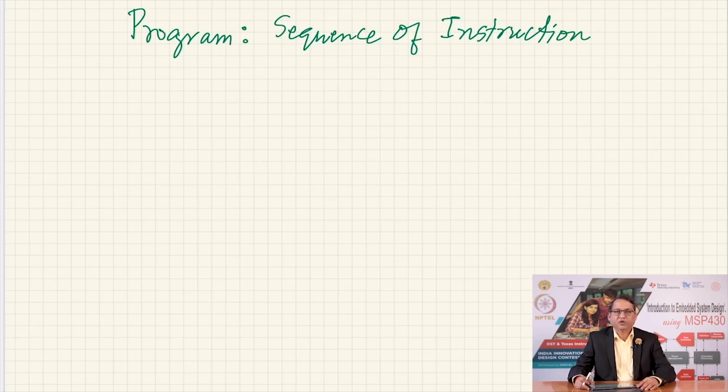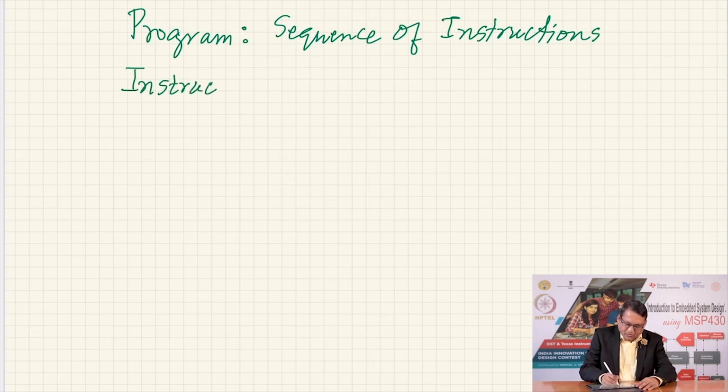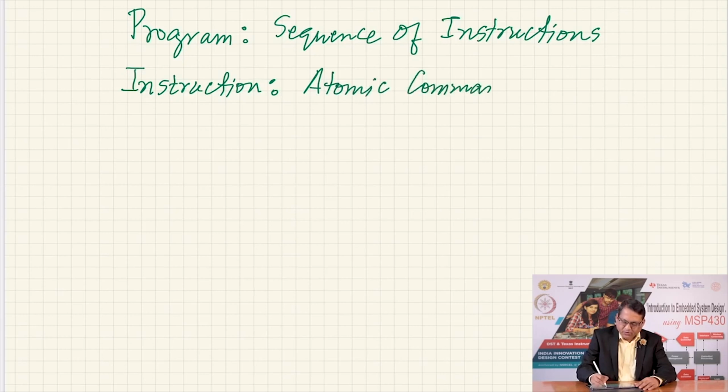That is wrong, because a set can be rearranged and it would not be the same program. So, the correct definition is a program is a sequence of instructions. Therefore, what is an instruction? An instruction is the lowest level atomic command that a processor understands.